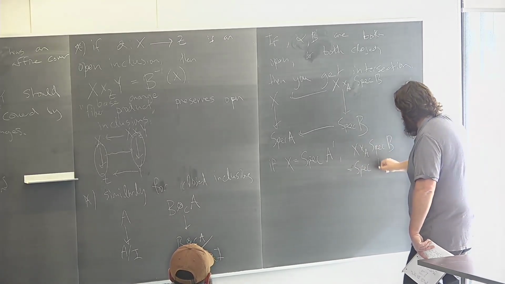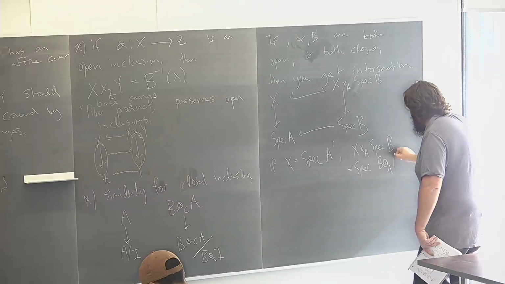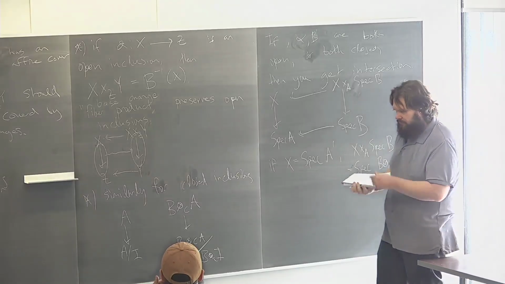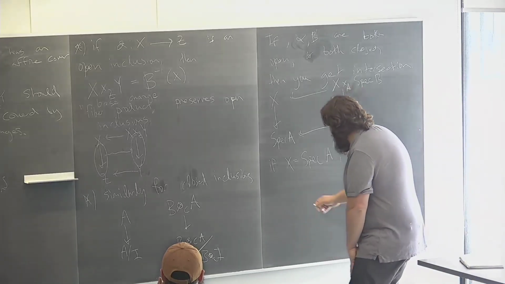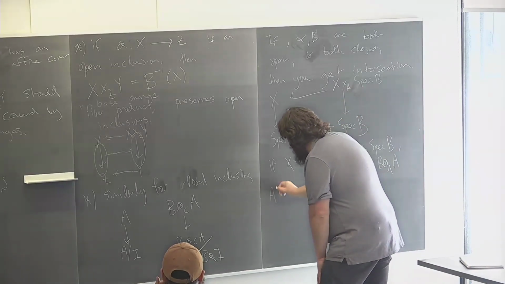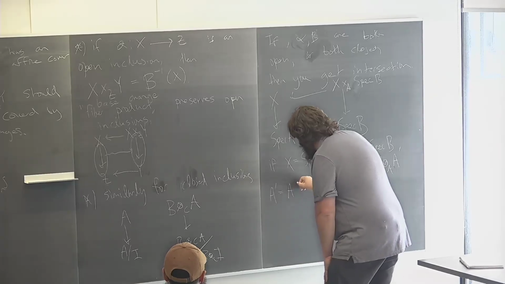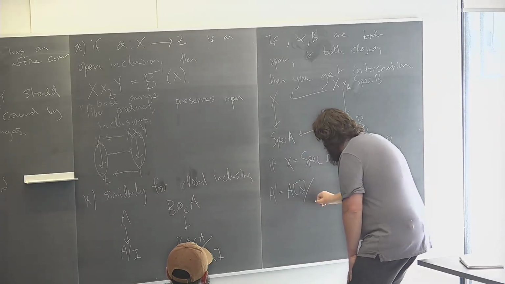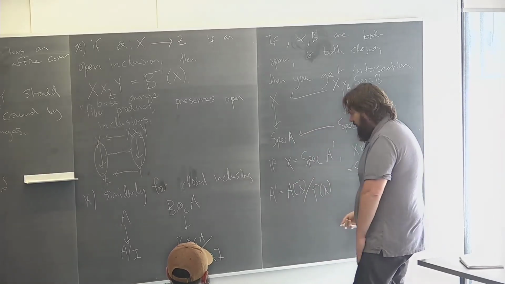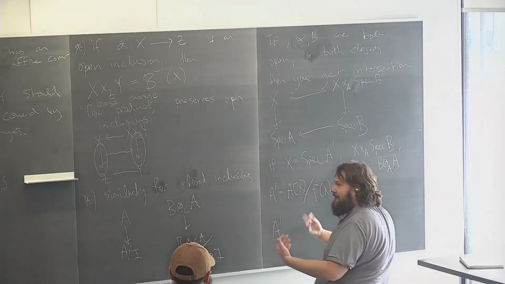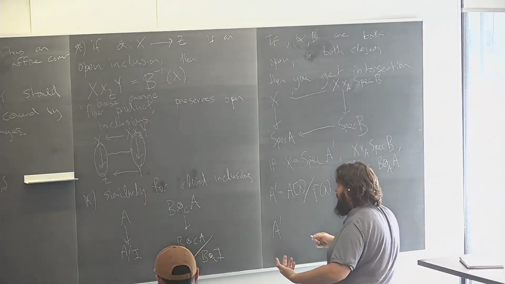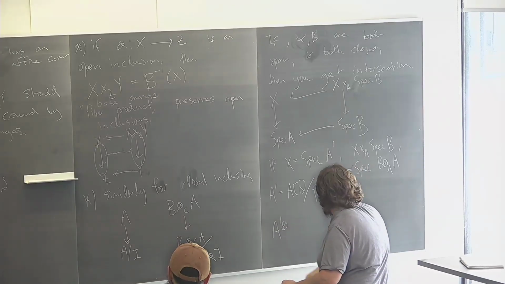It is spec of B tensored over A with A prime. So for example, if A prime is A adjoin a polynomial mod some polynomial, then this tensor product B prime corresponds to the same equation, but now with coefficients in B.